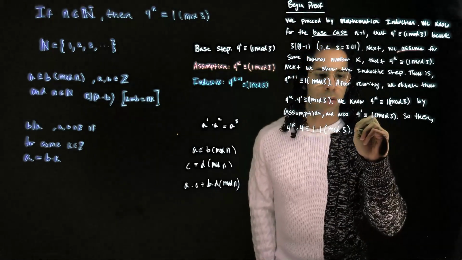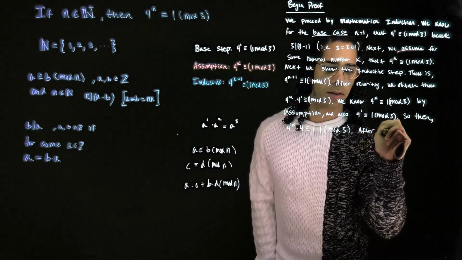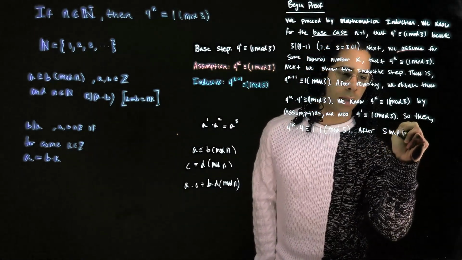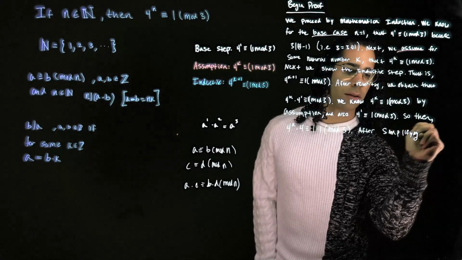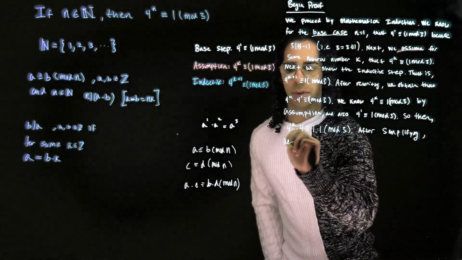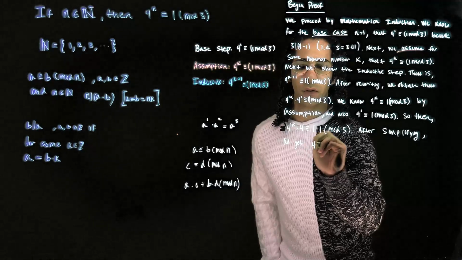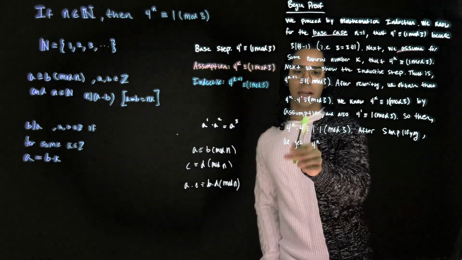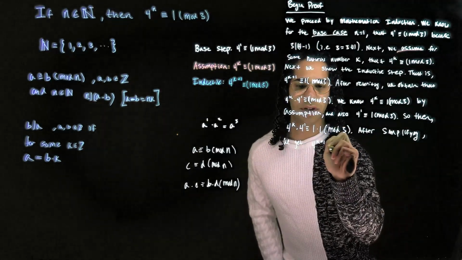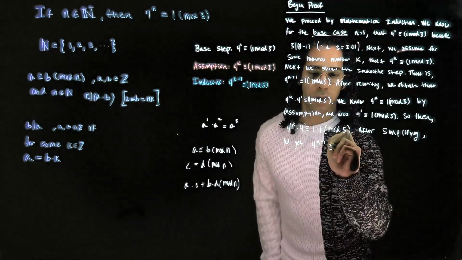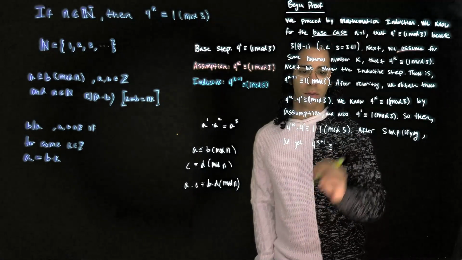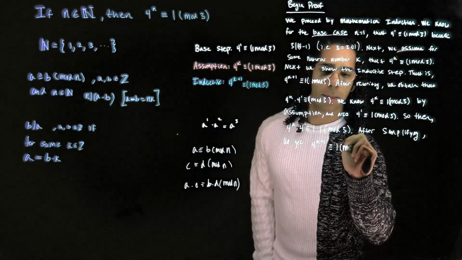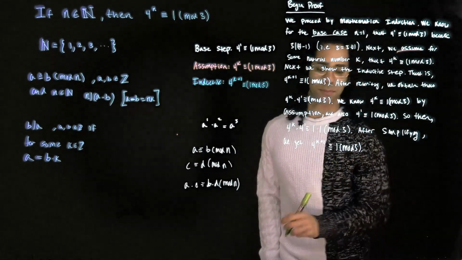Multiplying this out, after simplifying, we get 4 to the k, I combine the base and I add the exponents, 4 to the k plus 1 is congruent to 1 times 1, which is 1 mod 3.